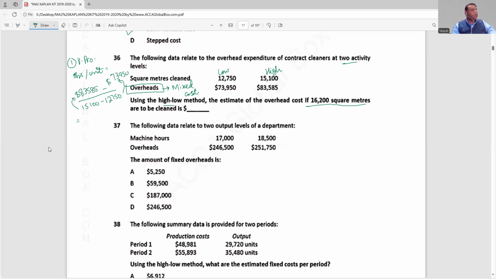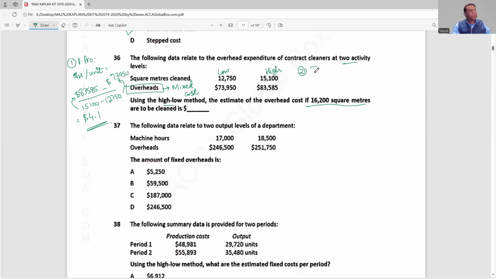So first we will calculate the variable overheads: 83,585 minus 73,950 divided by 15,100 minus 12,750. So it is 4.1. This is step number one: variable overheads per unit.